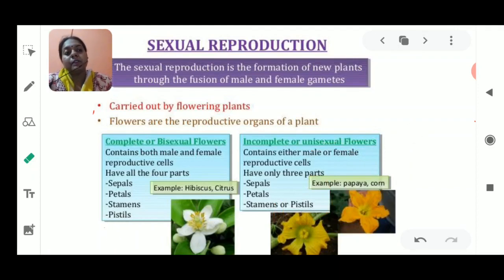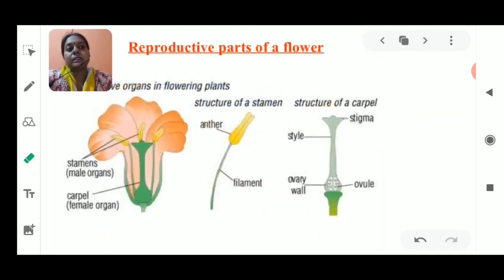Now if we talk about the structure of flower, we can say that there are two types of reproductive organs in each and every flower. For that you should recall the diagram of the flower, which is based upon the reproductive parts of a flower. So these are the reproductive organs of a flowering plant.